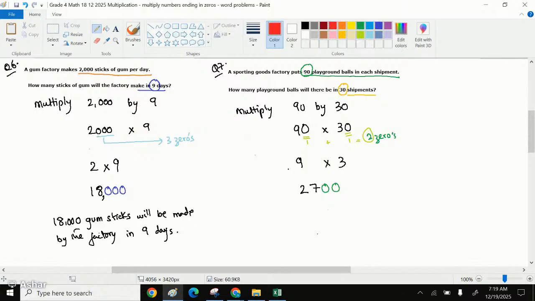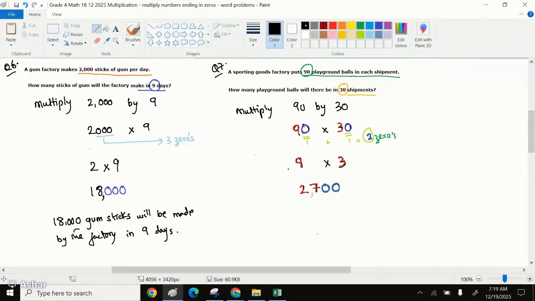See, we had 9 multiplied by 3. It becomes 27, right? And we had 2 zeros over here, zero number 1 and zero number 2. We had 2 zeros, so we simply put 2 zeros at the end. 27 with 2 zeros becomes 2,700.